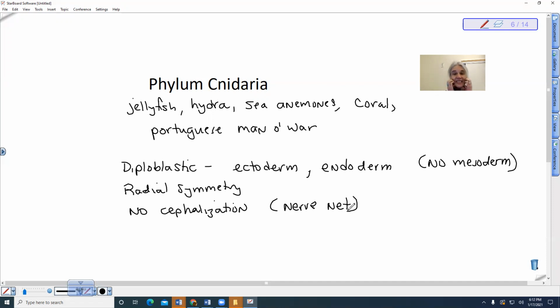What that means is that they don't have an aggregation of nervous tissue in one part of their body, which means that they can move through their environment in all directions, like a jellyfish, or even sea anemones actually can move quite a bit, like across rocks, for example, or across the aquarium, okay? So these are some characteristics.